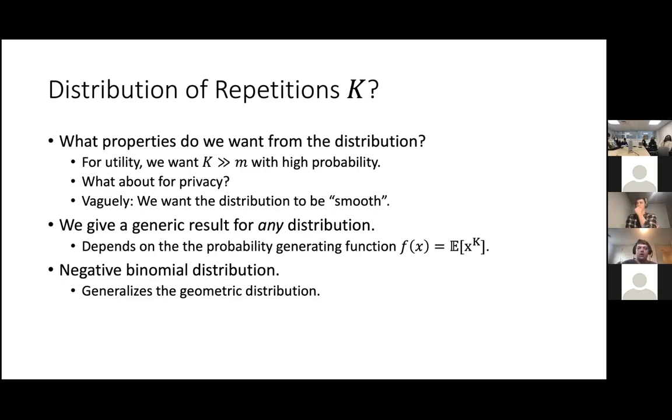I could also do the opposite, where I split the geometric distribution into two distributions, each of which is a negative binomial. So it's kind of like an infinitely divisible family that corresponds to the geometric distribution. And we have some results for those. We also look at the Poisson distribution, which is kind of like a limiting case of negative binomial. And we have some results for all of these.